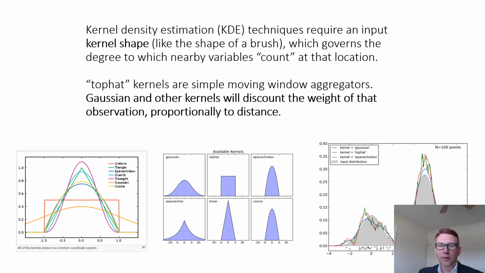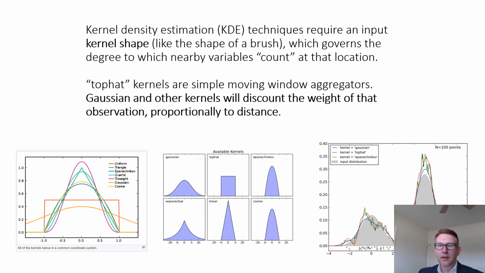How do we create a smoothed version of that? Well, what we want to do is apply a moving average, but instead of a naive moving average, which would take the observations within 0.1 of my value and average them, we want to apply something like a distance decay function.